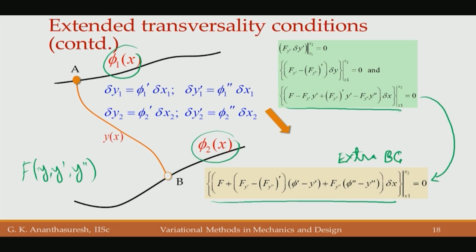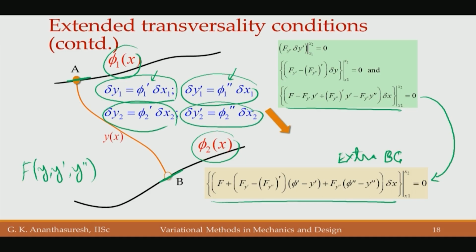Earlier the domain was variable, delta x1, delta x2, but now delta x2 and delta y2 are related because they have to lie on this line, delta x1, y1 related because they lie on that line. So, we have this relationship, delta y1 and delta x1 are related, and hence when you take the derivative, these two are also related. Here it is phi 1 prime, here it is phi 1 double prime, and then we have this relation and this relation.